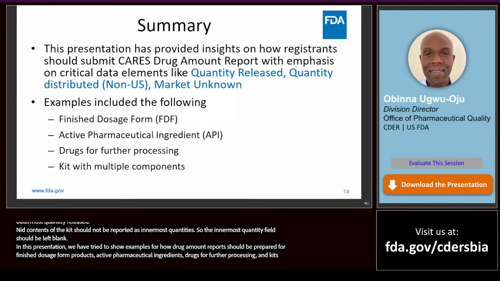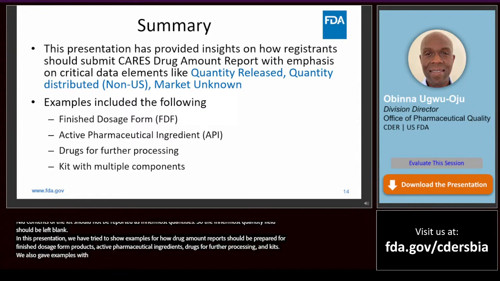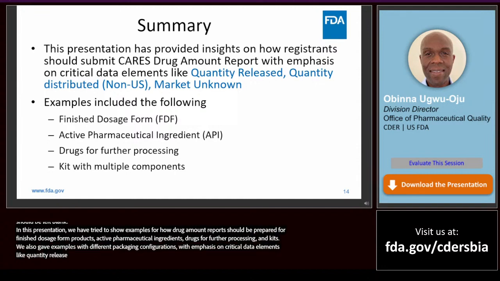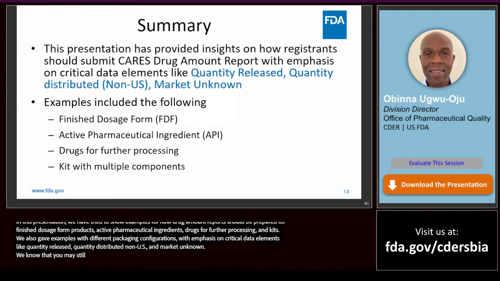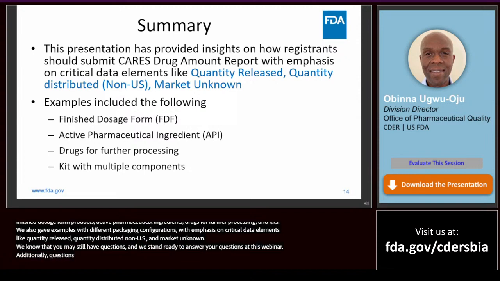We also gave examples with different packaging configurations, with emphasis on critical data elements like quantity released, quantity distributed non-US, and market unknown. We know that you may still have questions, and we stand ready to answer your questions at this webinar. Additionally, questions may also be submitted to FDA contacts that I will reference in the next slide.